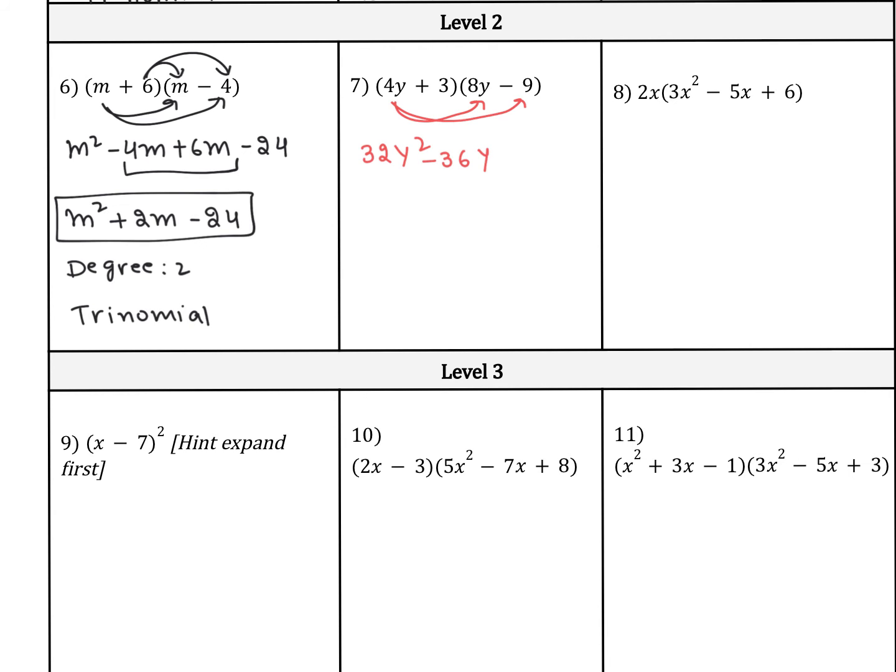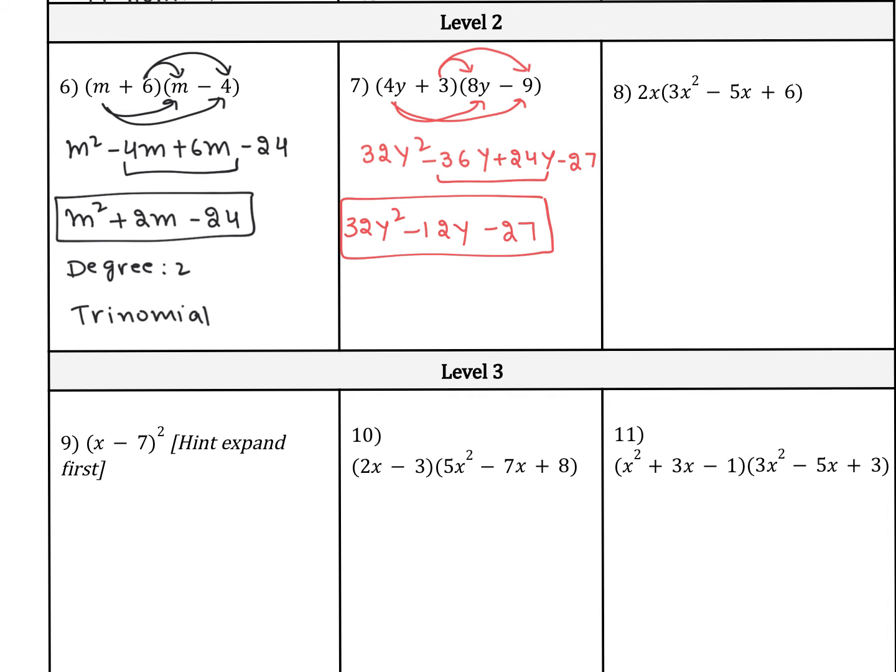Then for 3, you multiply with 8, you get 24, and there is a y with it. 3 times negative 9 is negative 27. Combine the like terms in between: 32y squared, negative 36 plus 24 is negative 12y in between, and negative 27. It's a trinomial with the degree 2.